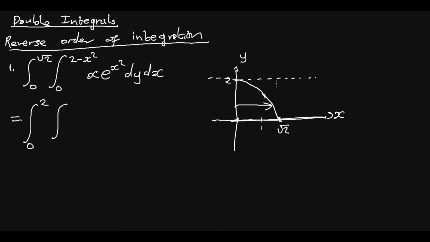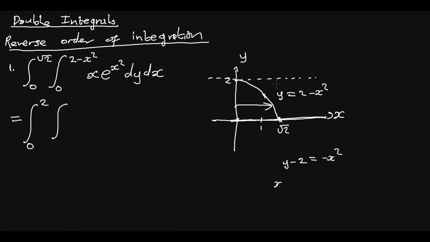So what is this curve? It is y equal to 2 minus x squared, which was the upper limit when we went up. Now we're going this way, so we need to have x in terms of y, so it means we're having y equal to 2 minus x squared.